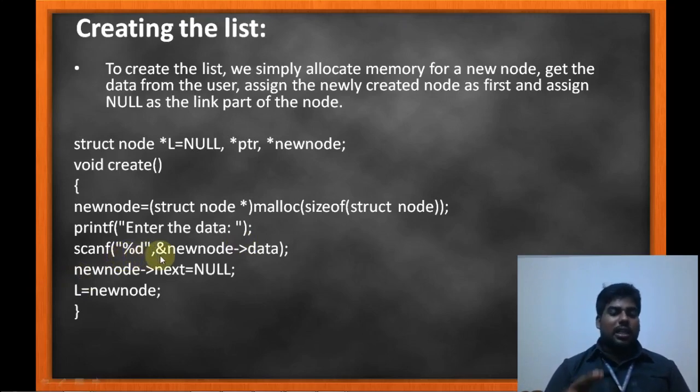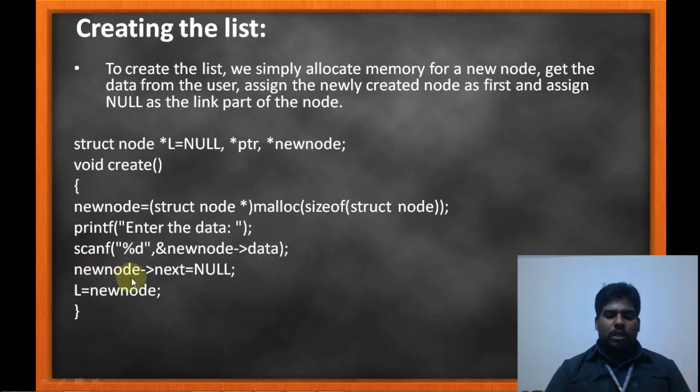Then as it is a structure element, how do we access a structure element? If it is a normal structure variable, we use the dot operator. Here the structure variable is a pointer, so you have to use the indirection member operator. So here I am getting the input for data. Okay. The next part of the node is the pointer.